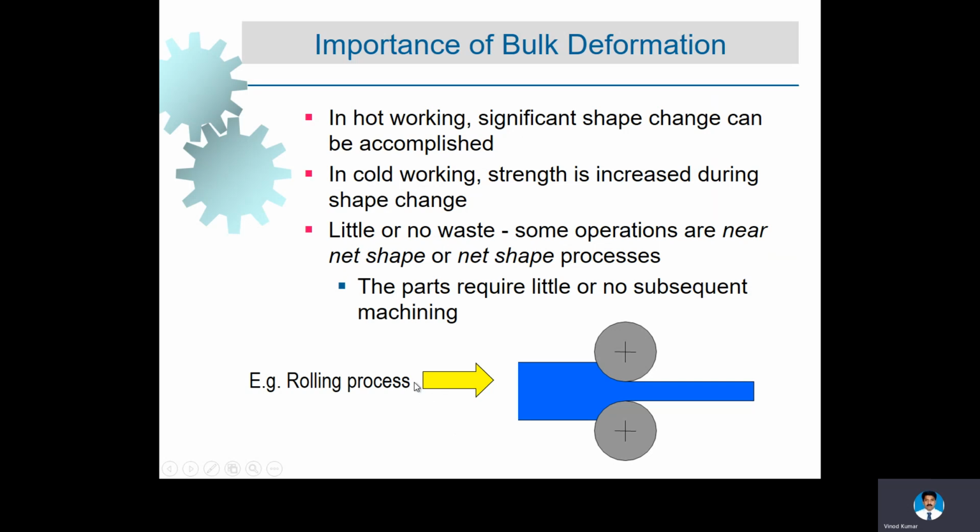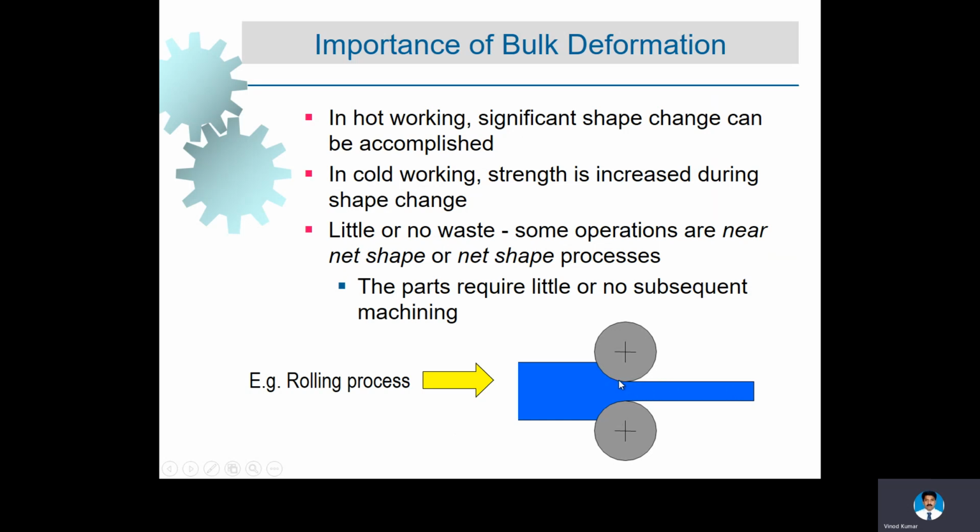As you can see here in the rolling process, we feed the material between two rollers as they rotate in opposite directions. The rollers will pull the material in one direction and it will come out from the other direction.